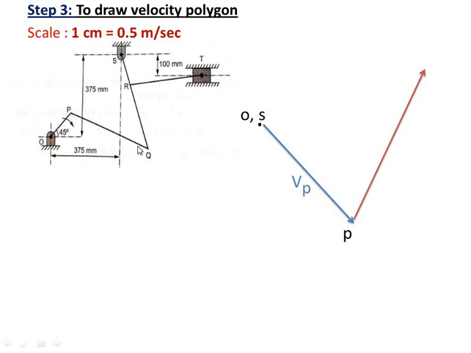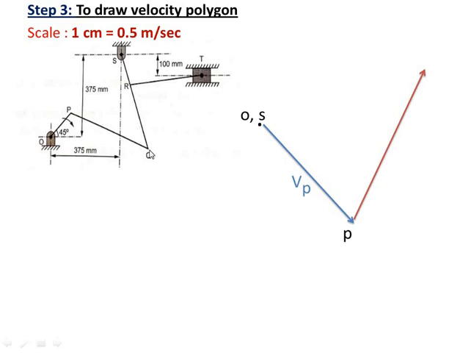From here you have to draw either with the help of a rolling line or with the help of the set square a line which is perpendicular to PQ and from P. But we don't know its magnitude. So just keep it as it is. Only the direction we know. We don't know the magnitude. So keep that vector as it is. But as this Q point is on PQ, Q point is also on link SQ.